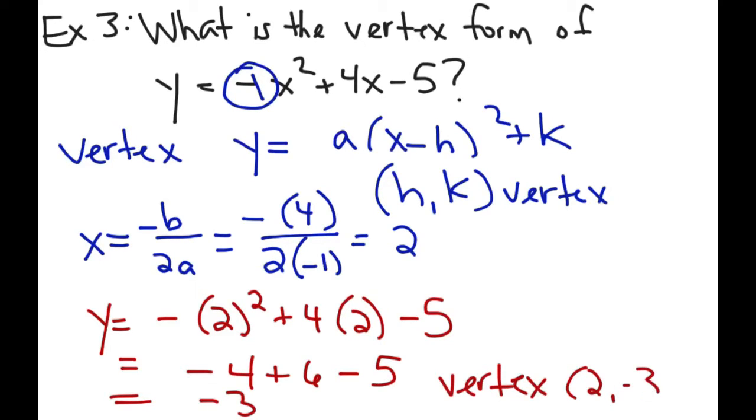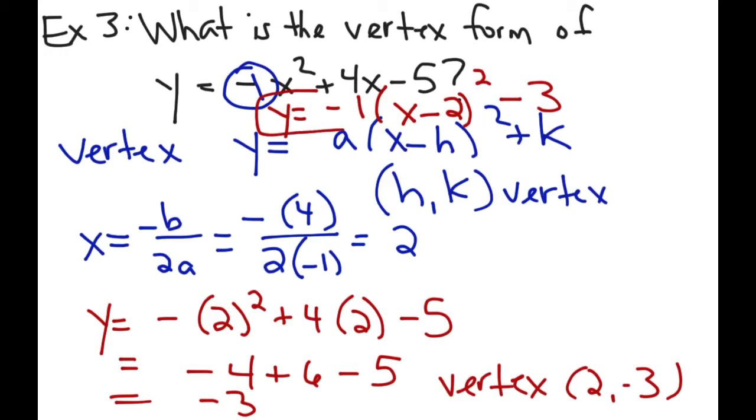Well, now if I go back to the original equation, I get (x minus h) is 2, squared, plus k, or plus -3, which is the same as minus 3. A is the leading coefficient, which is -1. So in vertex form, the equation -x squared plus 4x minus 5 must be y equals -1 times (x minus 2) squared minus 3.